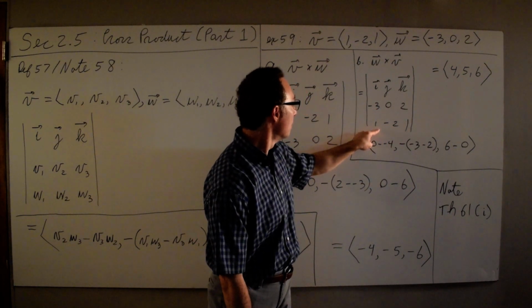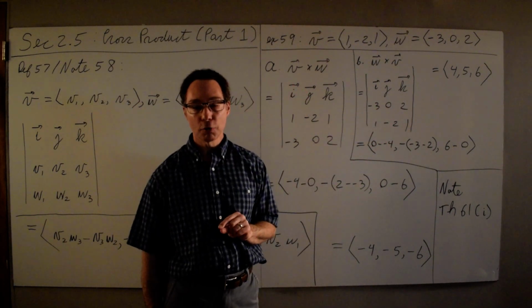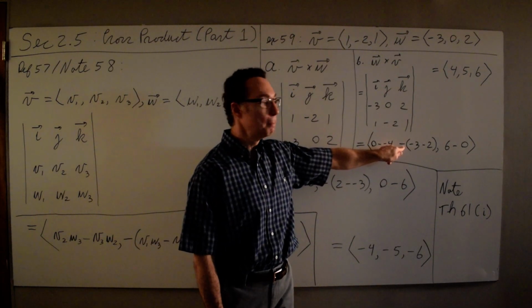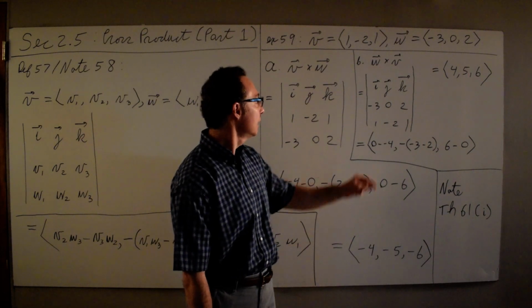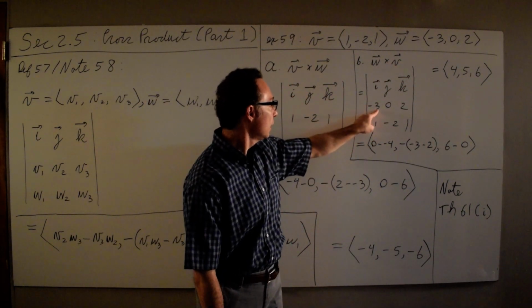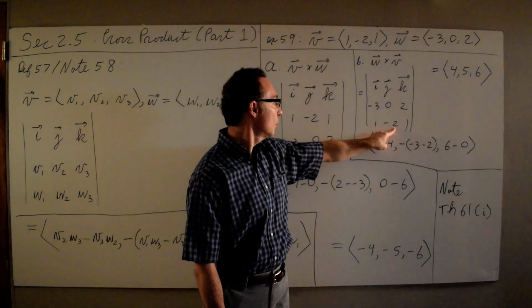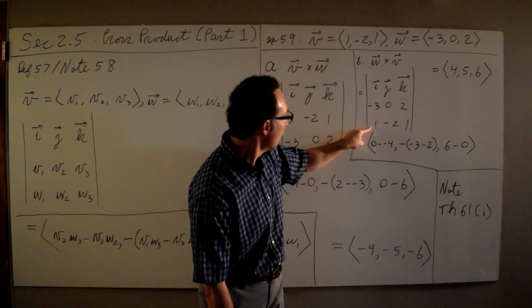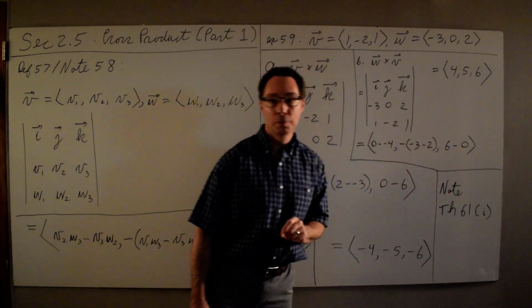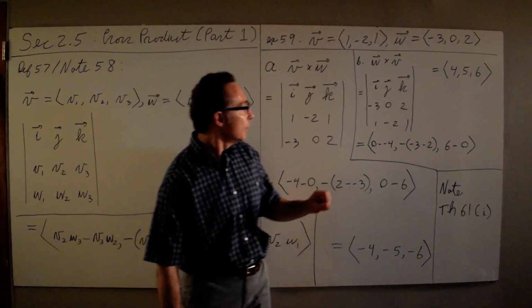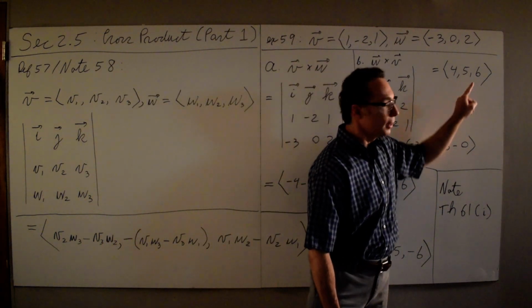We have -3 minus 2 which is -5, but remember with the second component, you change the sign. For K, ignore the row, ignore the column. -3 multiplied with -2 minus 1 multiplied with 0. And so the vector that we get is 4, 5, 6.